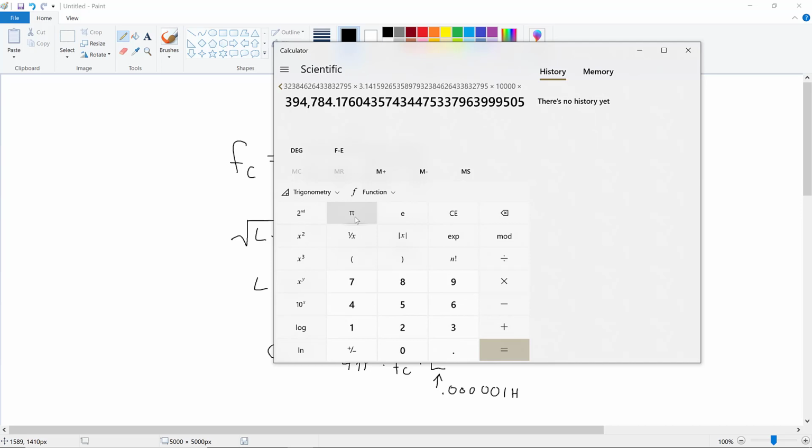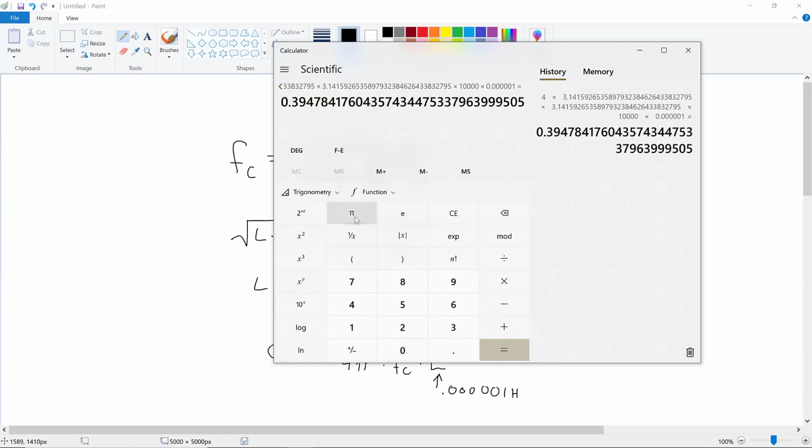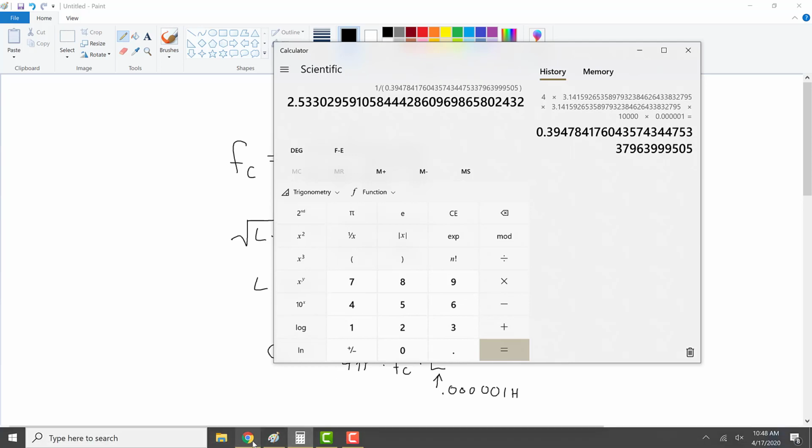And then times L, which is 1 microhenry, so 0.000001. Okay. So 1 over that number is going to give me my capacitance. So the capacitance that I should use is 2.53 farads.